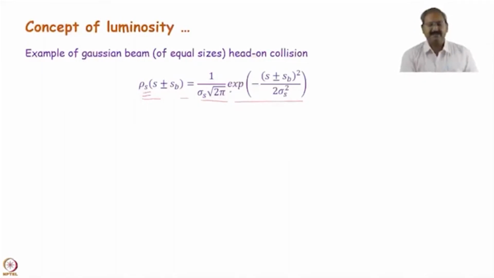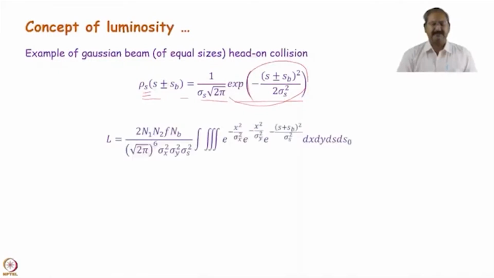The Gaussian distribution is defined as exponential of minus s squared by 2 sigma squared. Sigma is the standard deviation of this distribution. So when we put this in place of rho 1x, rho 1y and rho 1s, in this case we are considering the same bunch on both sides. So the second bunch will also have e raised to minus x squared upon 2 sigma squared.